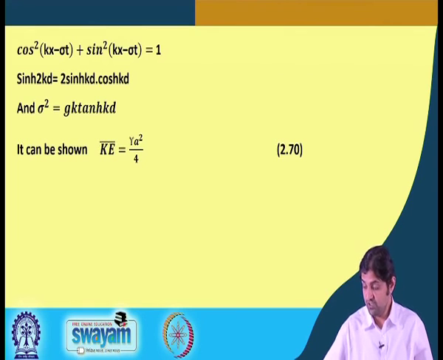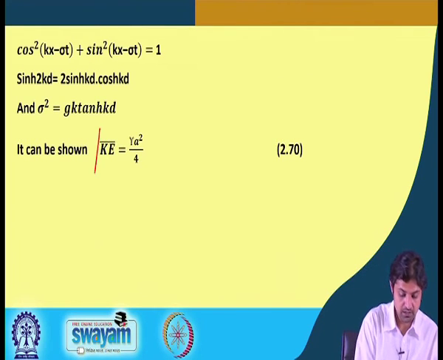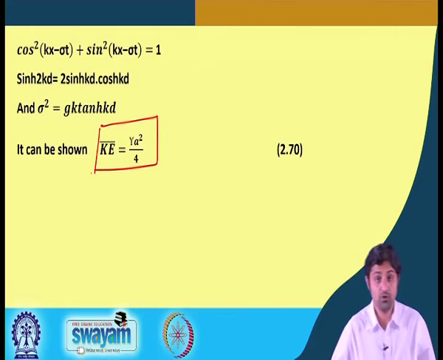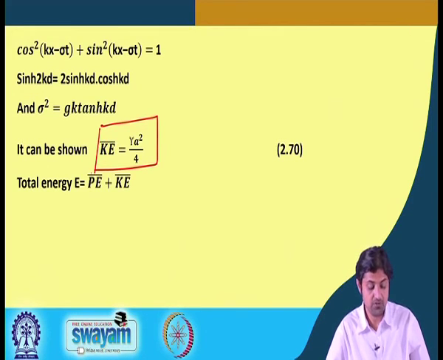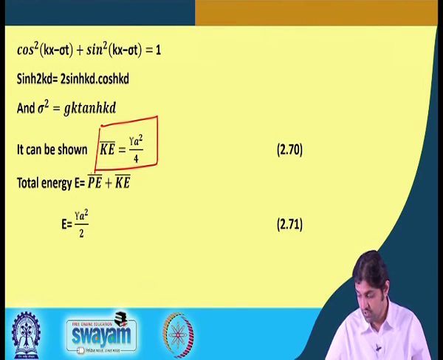So, we can show that kinetic energy is gamma a square by 4. Potential energy was also gamma a square by 4. Therefore, the total energy due to the waves alone is potential energy plus kinetic energy. The total energy is gamma a square by 2.